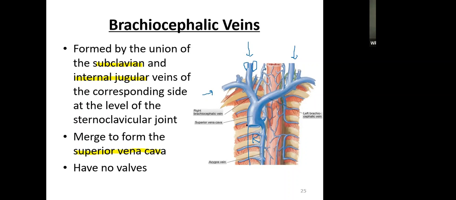Well, it's important because in right-sided heart failure, not only will you get issues with jugular vein distension, but when you do chest imaging, you can also find dilatation of the veins of the esophagus.